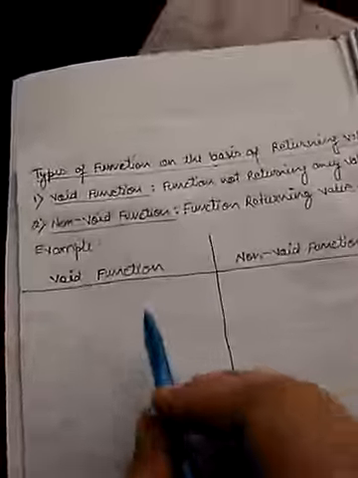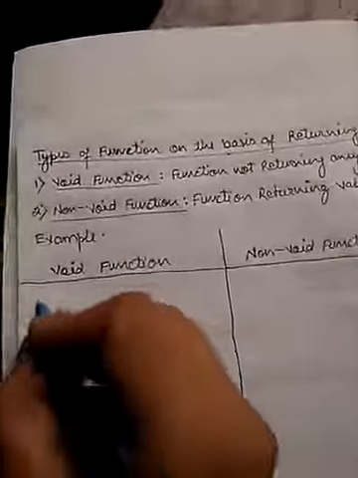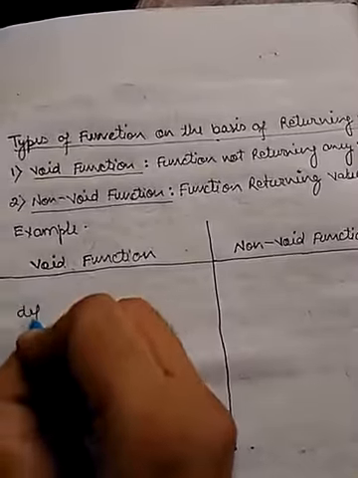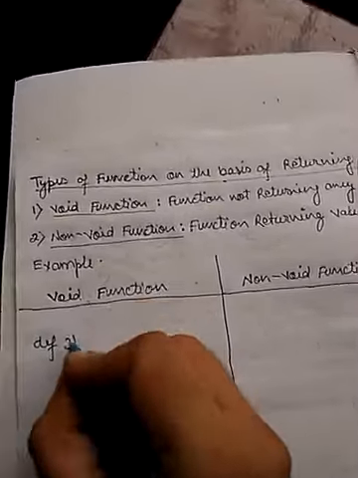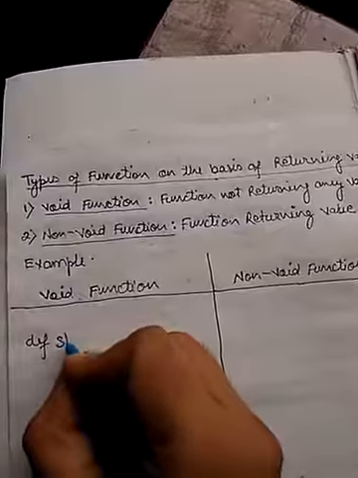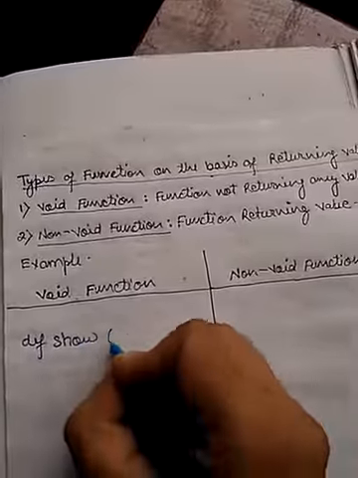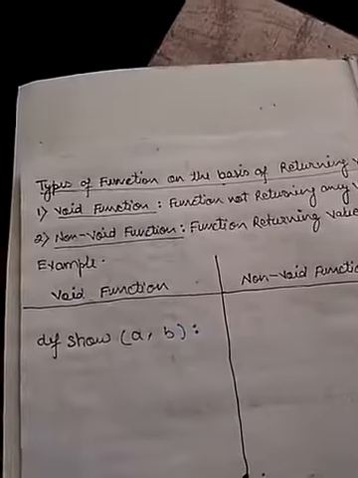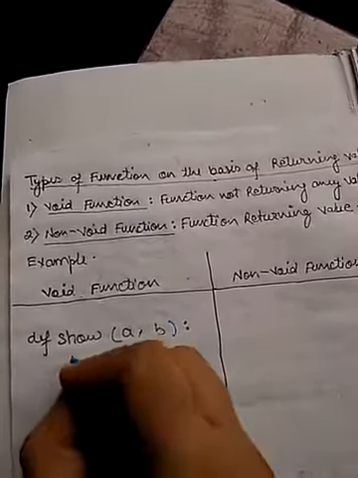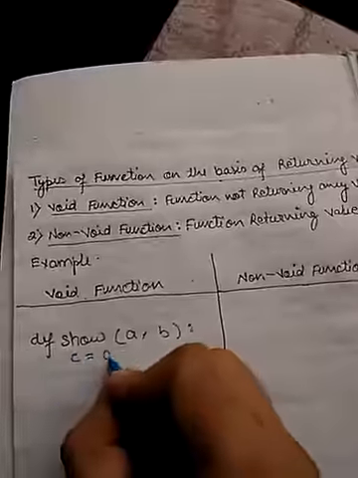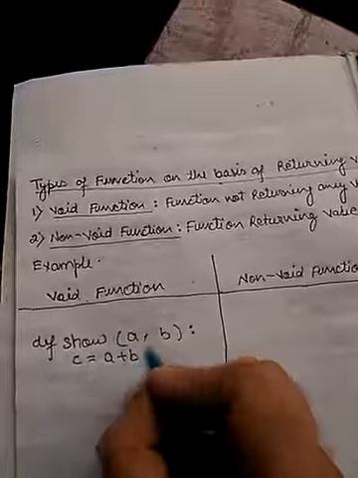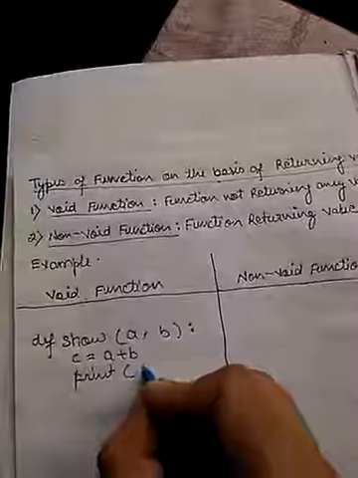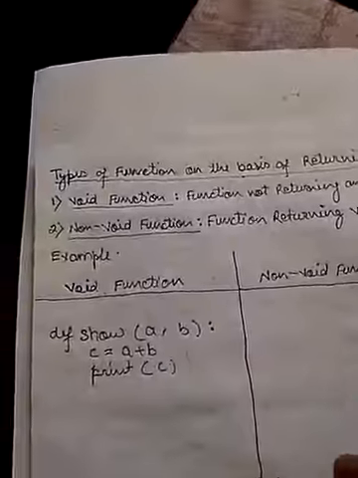I am writing the example of a void function. Suppose I want to define a function to add two numbers. Let us name it show, with parameters a, b. Now c equal to a plus b, print c.